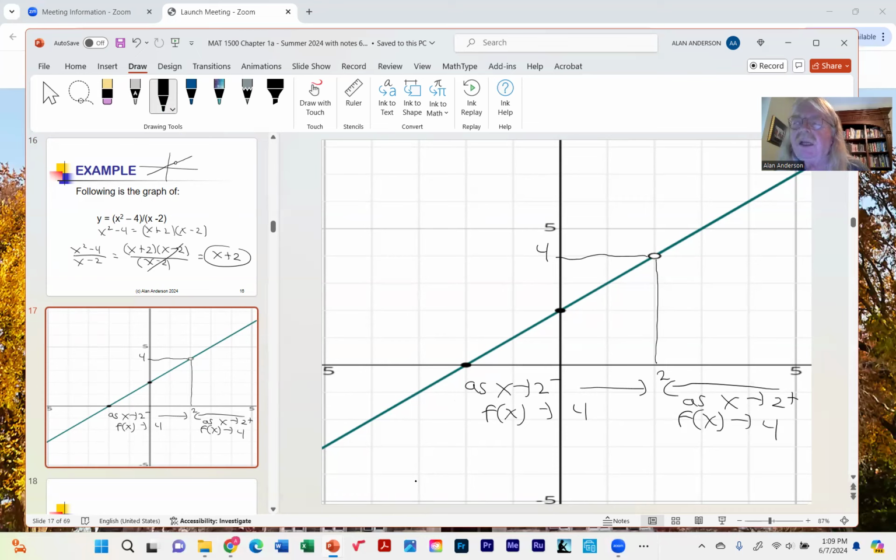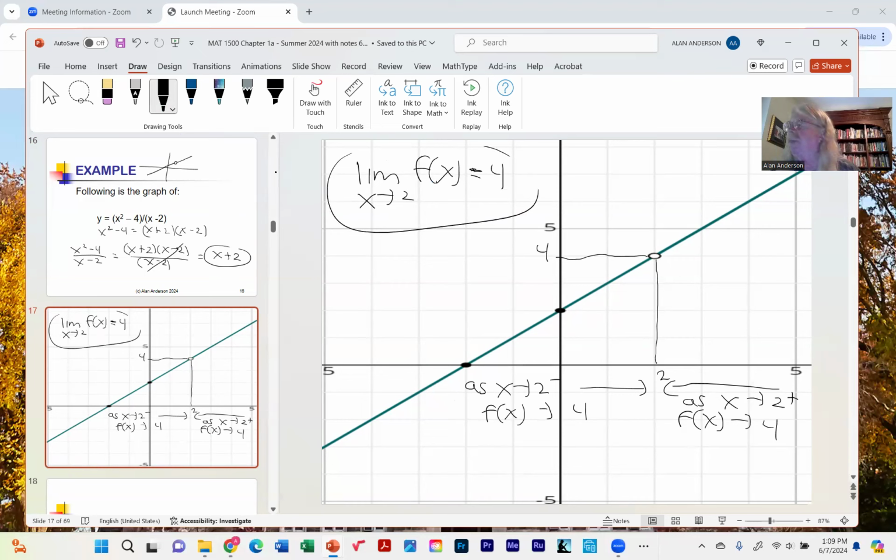And that means that no matter how close we get, we'll get even closer to 4 without ever quite reaching it. So in this case, the limit of this function as x approaches 2 is equal to 4. In spite of the way it looks, the limit is equal to 4.